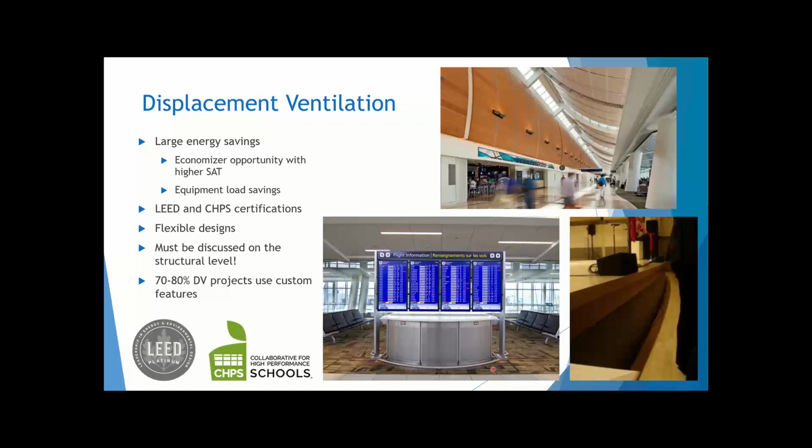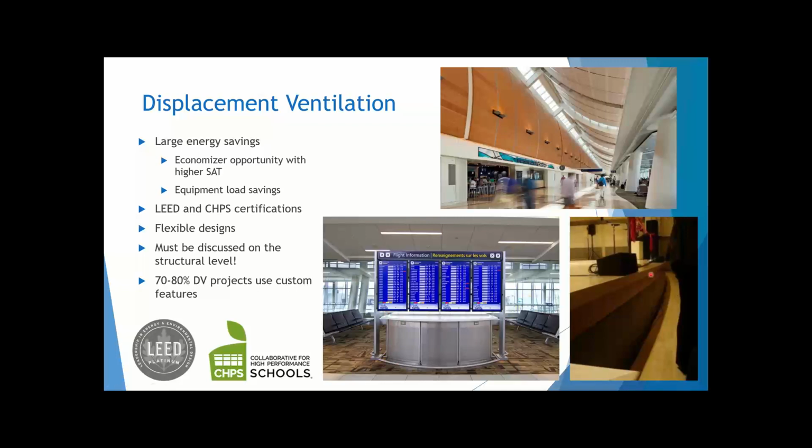Just for reference, anytime you have an architectural perforated panel, if you want to have a custom feature, make sure it's 50% free area or greater, and it will not affect the performance of the displacement diffuser. This one actually looks a little tighter than that. They might have calculated how it will affect their performance, and we could do that as well, but we would recommend typically having a 50% free area. So that's this one right here.